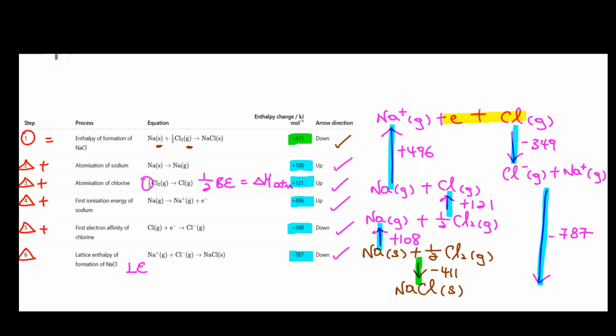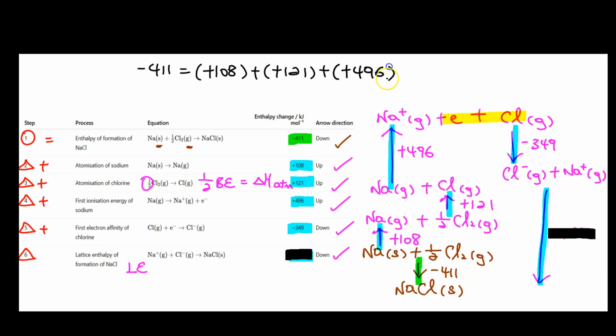If lattice enthalpy is the unknown, we simply rearrange this equation. Substituting the values, we get negative 411 equals 108 plus 121 plus 496 minus 349 plus lattice enthalpy.